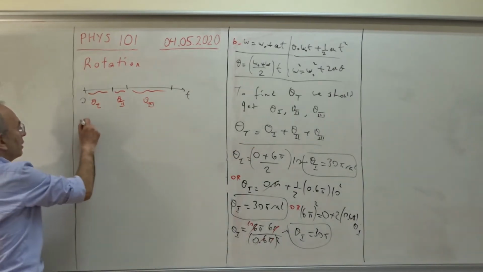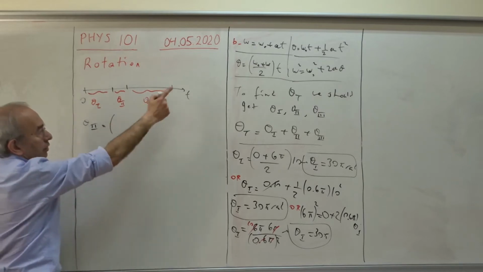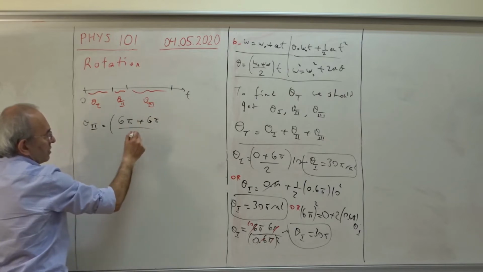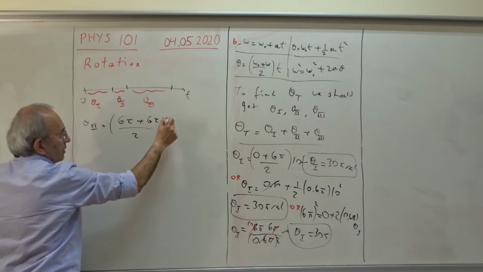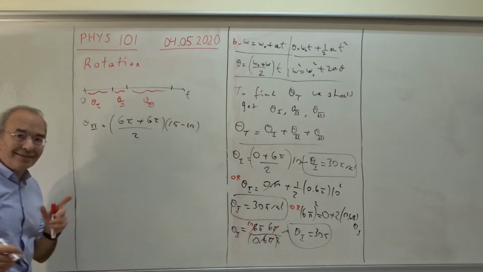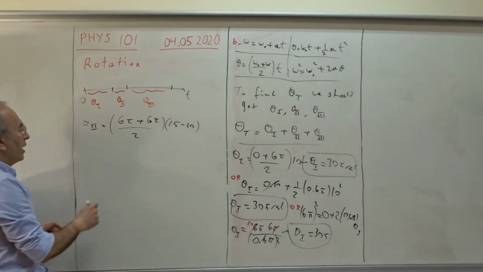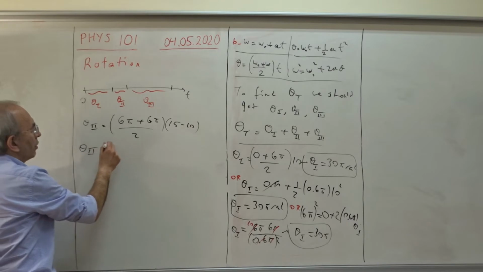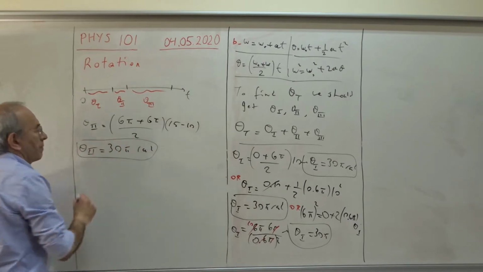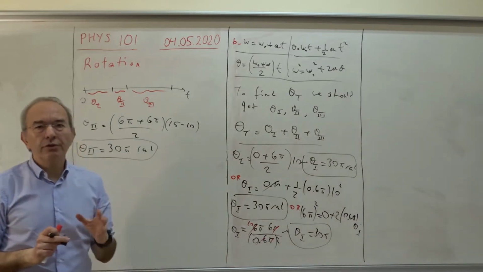Theta 2 is simply omega 0, which is 6 pi, and final speed is again omega, which is 6 pi, times the time interval. What is that time interval? It is between 15 and 10, not from the beginning. So this is 5 seconds, 6 pi. Theta 2 is also 30 pi radians, by coincidence.